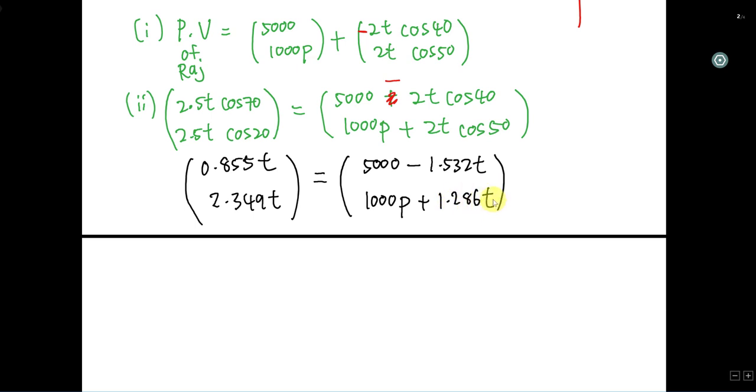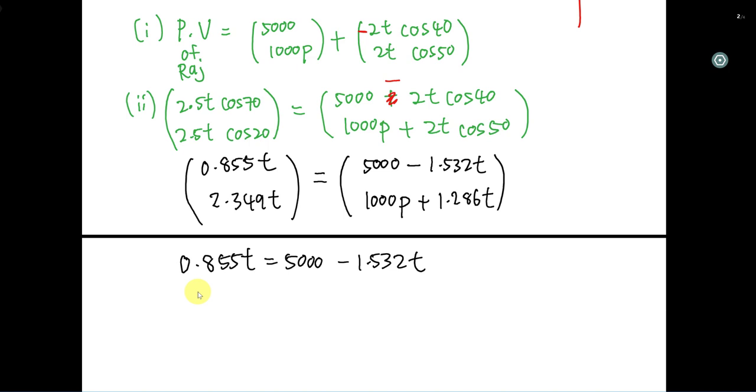Comparing the x with the x, you basically make them one equation. So 0.855t equals 5000 minus 1.532t. Then moving this to the other side with plus, I will use 1.532 plus 0.855.